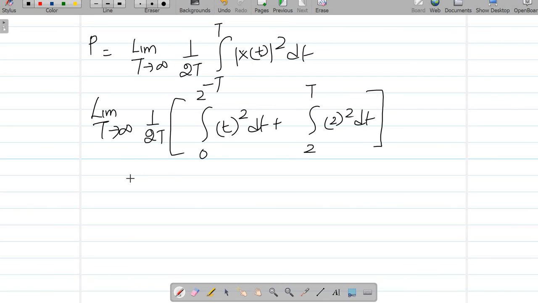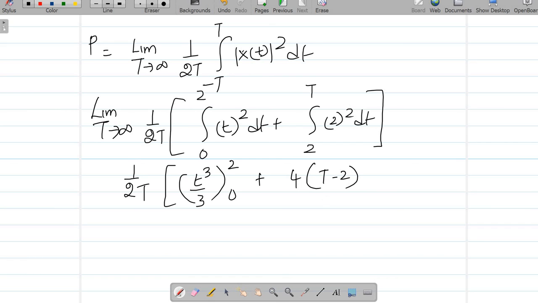So let us try to evaluate this. When you evaluate this, you get t cubed by 3 plus 4 times t minus 2. Now this will result in a finite quantity.